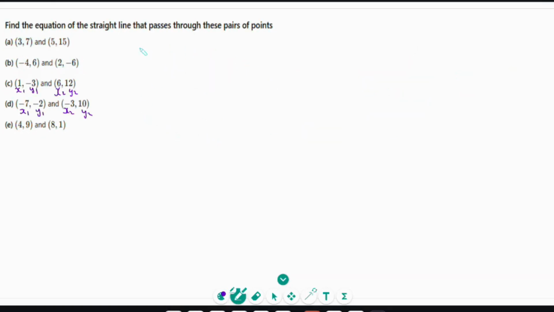Part C. Find the gradient. Sub in some values.